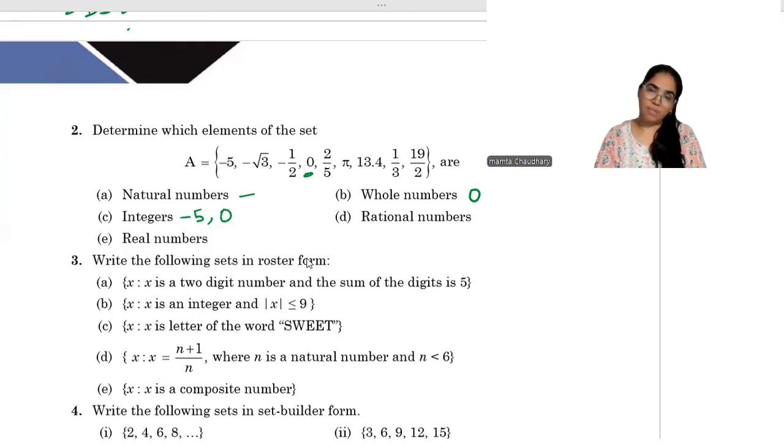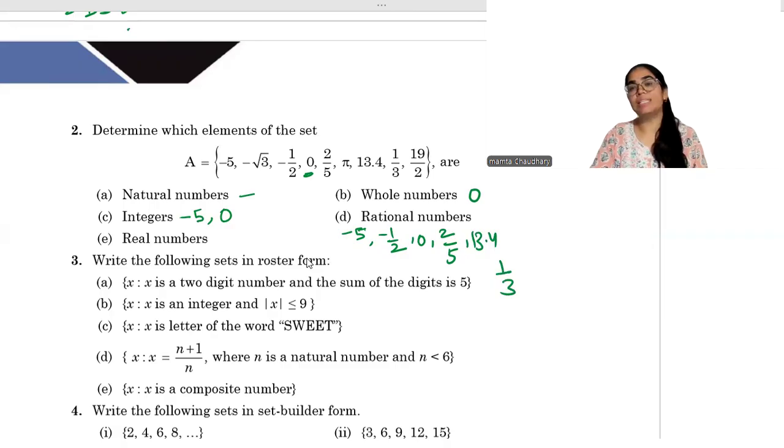Now rational numbers. Minus 5 is a rational number. We know that root 3 is irrational, so it will not come here. Minus 1 by 2 is rational. 0 is rational. 2 by 5 is rational. Pi is irrational. 13.4 is rational. 1 by 3 is rational. And 19 by 2 is rational.